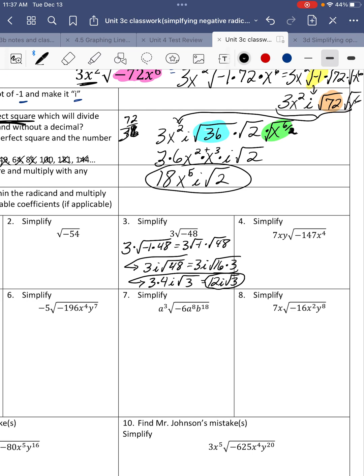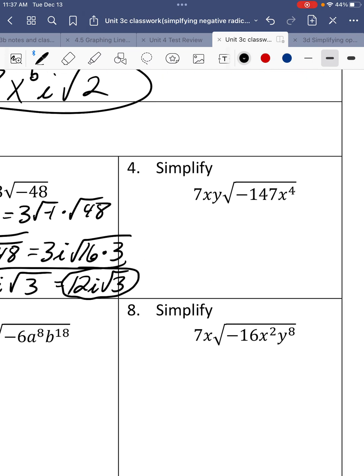Alright, I'm actually just going to do number 4 right away. So number 4, we have 7xy, negative 147. What is that? The biggest perfect square is 49, so that's 49 and 3. X to the 4th, you're going to think about how many pairs come out of x to the 4th.